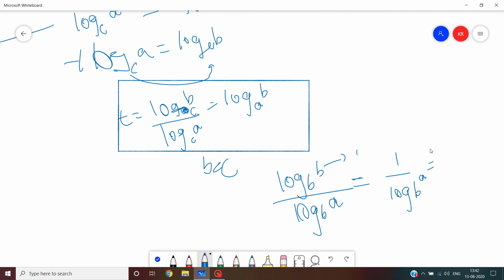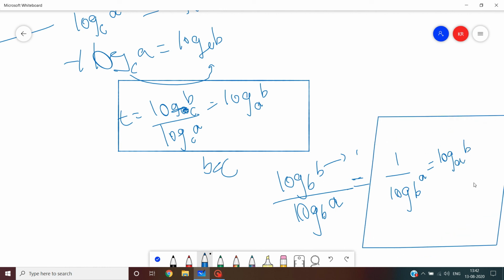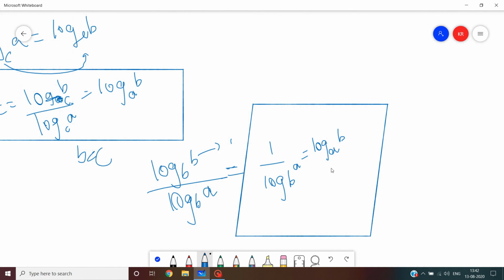So that will be equal to log base a of b. So we have got the relation. Those are inversely proportional. So log to the base a of b is equal to 1 over log to the base b of a. So these are some basic concepts to solve any logarithm functions.